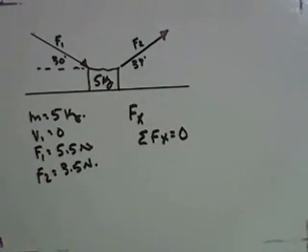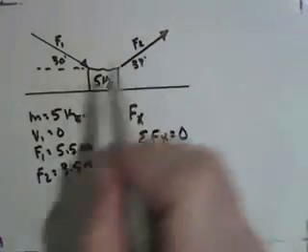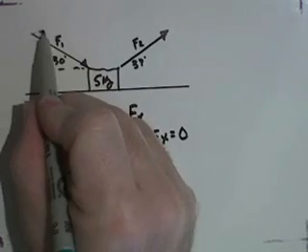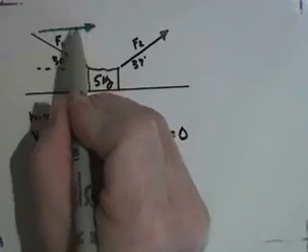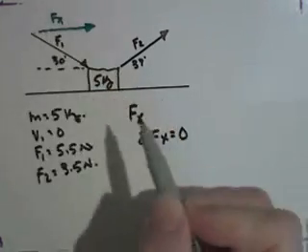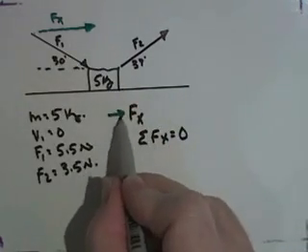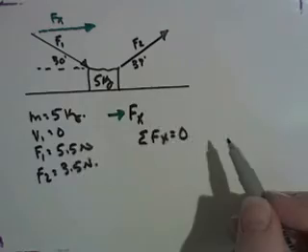Well, this problem is actually a lot simpler than it appears. We look at the different forces. So F1, you're pushing on a handle. Part of your force is pushing in the x direction, and part of it's pushing in the y direction. But in this case, we only care about the x-axis forces.